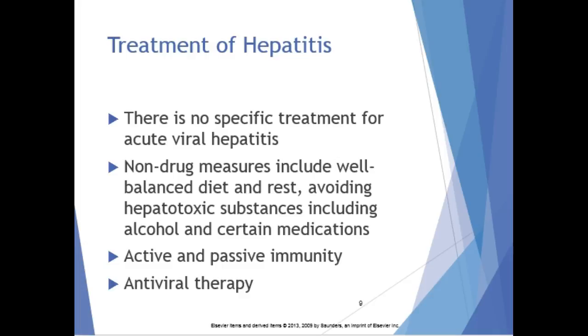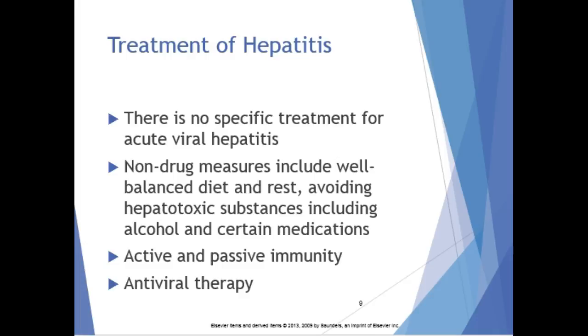As far as treatment goes, there's no specific treatment for acute viral hepatitis. There are vaccines available to prevent certain hepatitis viruses from causing illness. There are other things, such as a well-balanced diet to help the liver cells to heal. 4 to 6 meals per day are tolerated better than 3 larger ones.